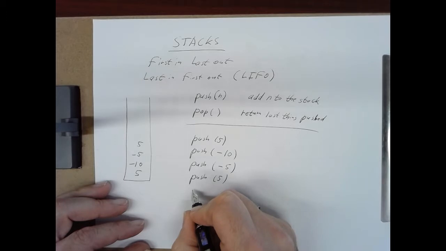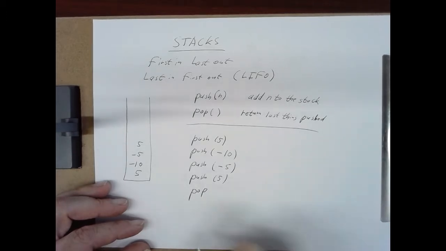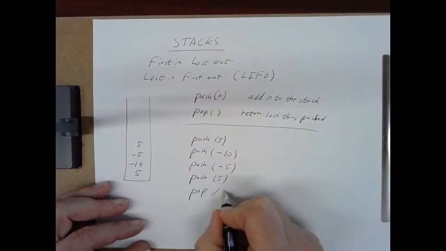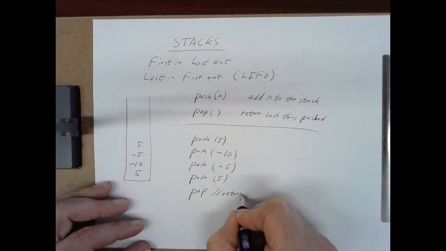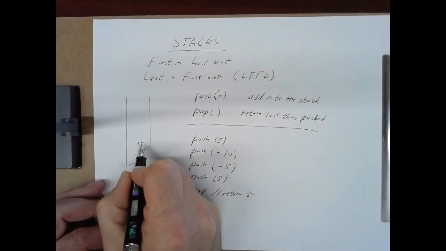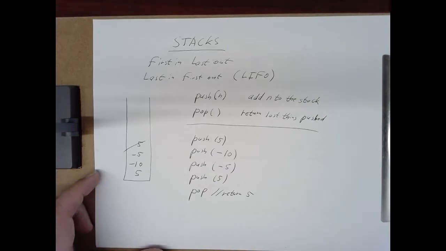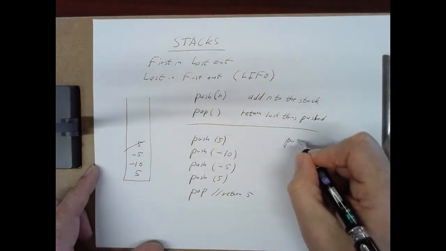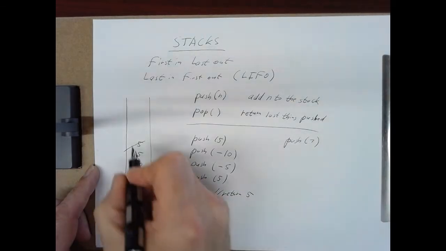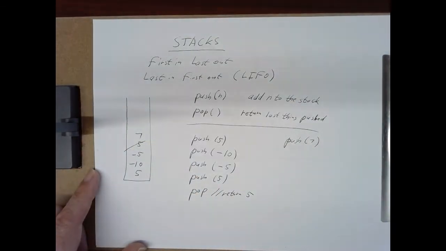And then I can say pop, and that should return that last thing I pushed, which was a 5, and then it gets removed from the stack. And now if I say push 7, that goes onto the stack. I would draw it here if I could erase, but I'll leave the 5 there.